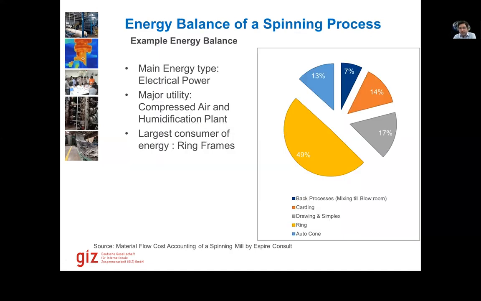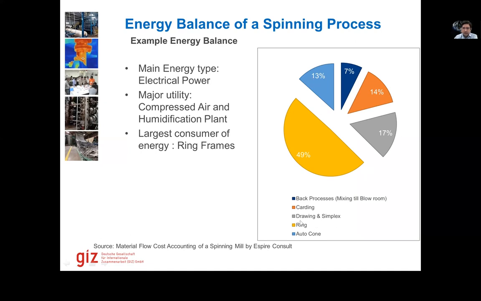An example, energy balance: usually ring is the process which consumes the highest energy. Autocone is a process which consumes the highest compressed air energy, and it is the third largest energy consumer.